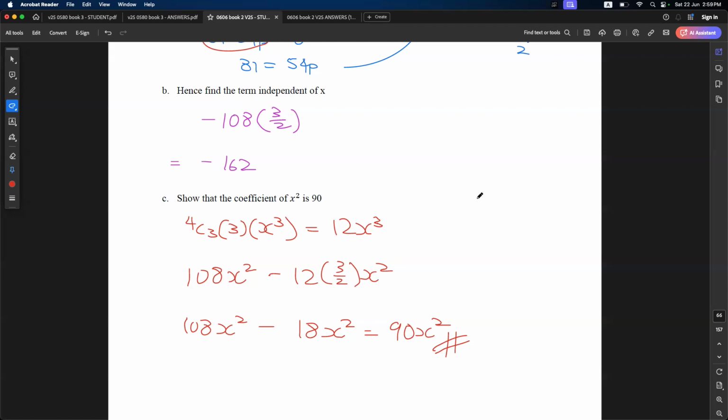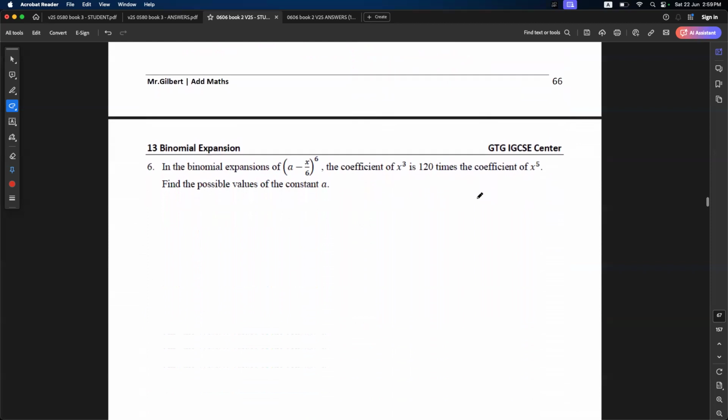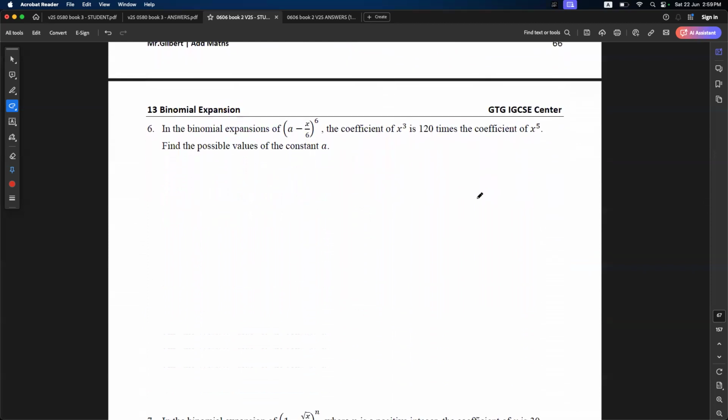So you're going to find x to the power of 5, you need to expand 5 times, right? You can jump ahead if you know which one gives you the expansion to 5. If I don't know, I'll just keep expanding. Yeah, you can do that, but let me teach you the trick. You start off with 6C0, then a to the power of 6, then x over 6 to the power of 0.